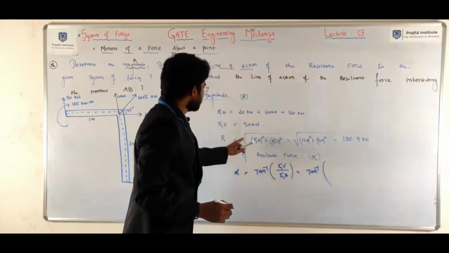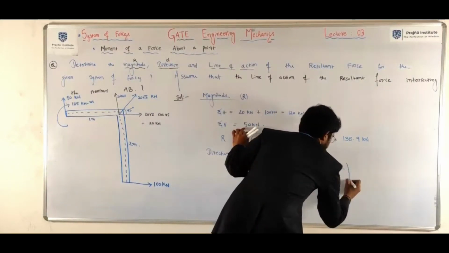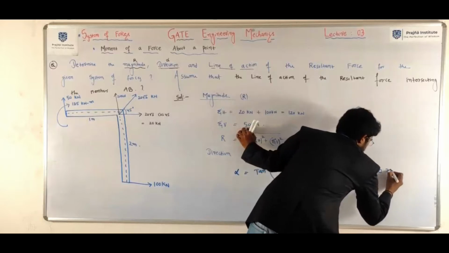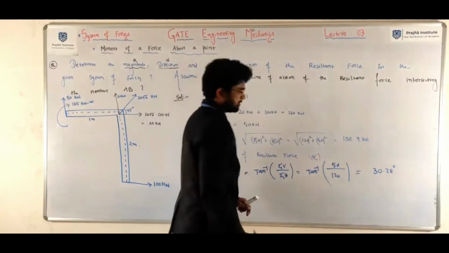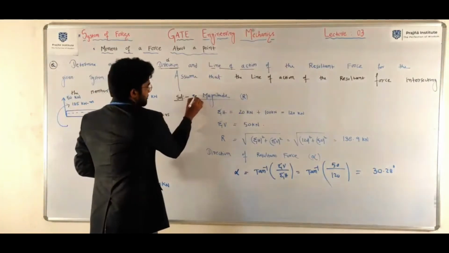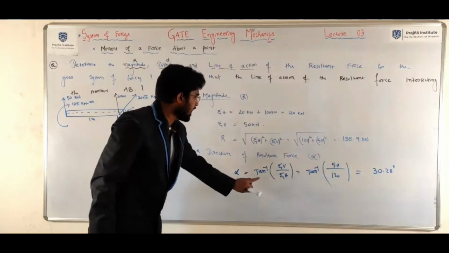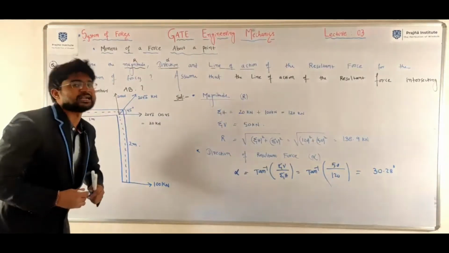Tell me. Tan inverse of 50 by 120. You will get 30.28 degrees. Correct na? Check it one sec. This is the magnitude of the resultant force and the direction of the resultant force.